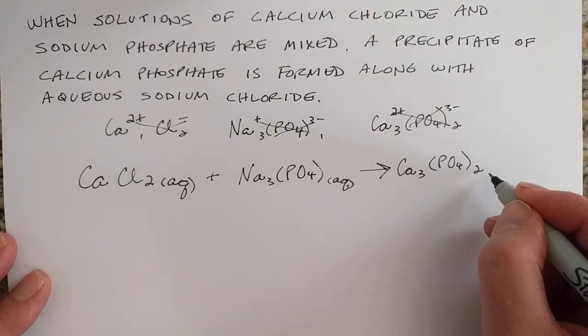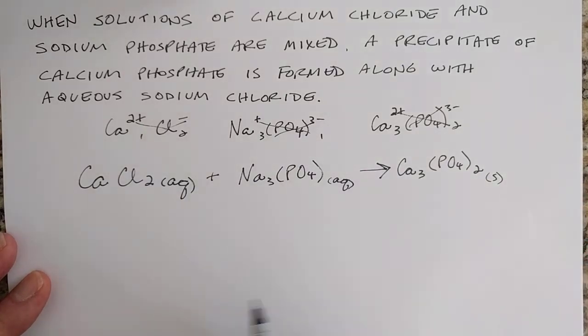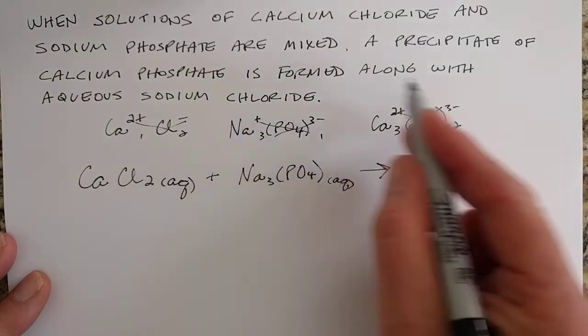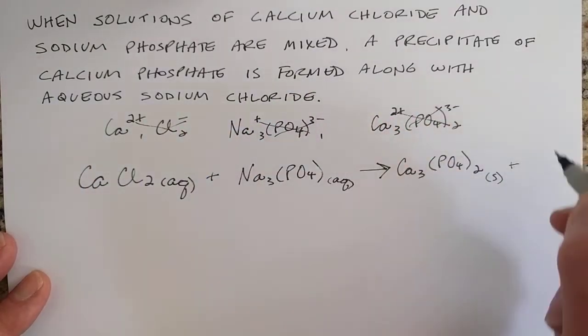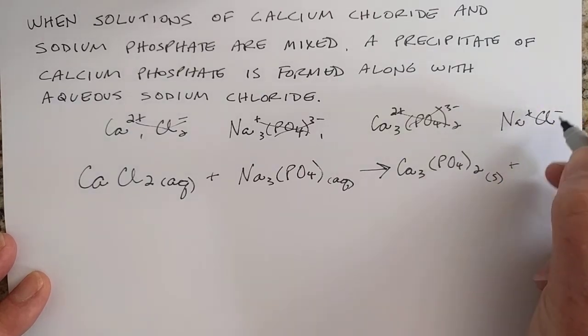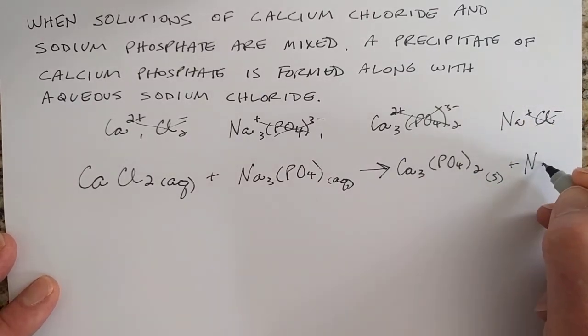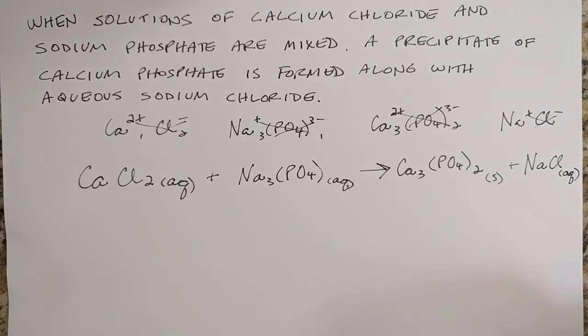And it's a precipitate, so that means that it's a solid. A solid is formed from solutions. Then, along with aqueous sodium chloride: sodium +1, chloride -1, 1 and 1. We get NaCl, and it tells us it's aqueous, which means it stays dissolved in the solution.